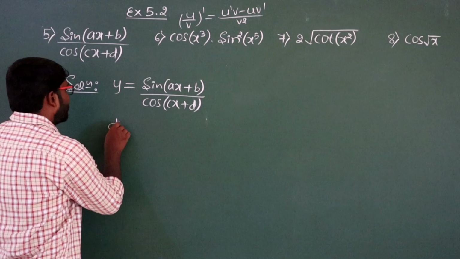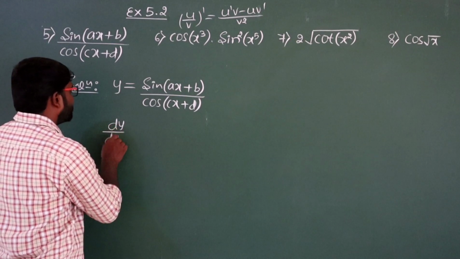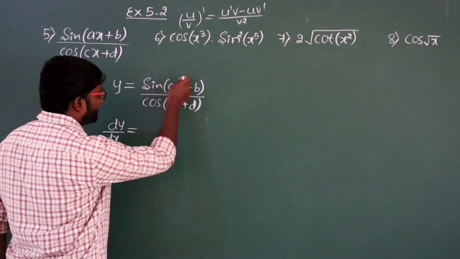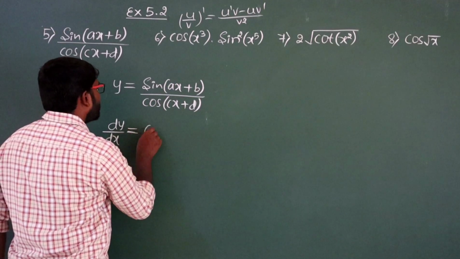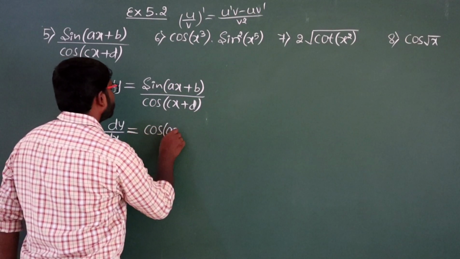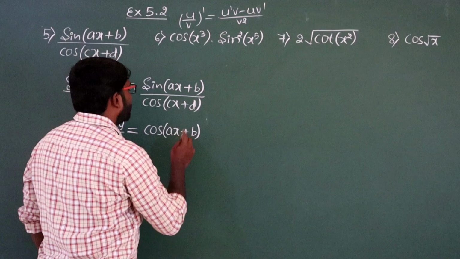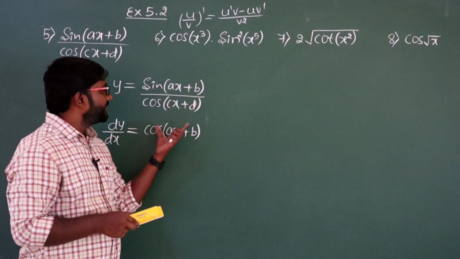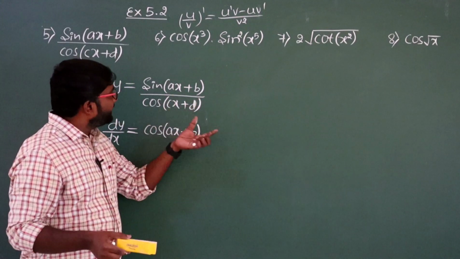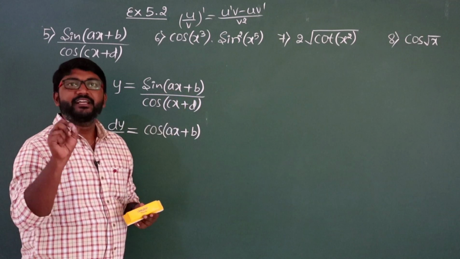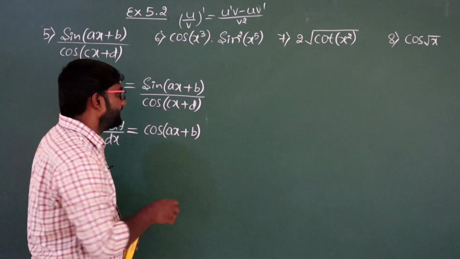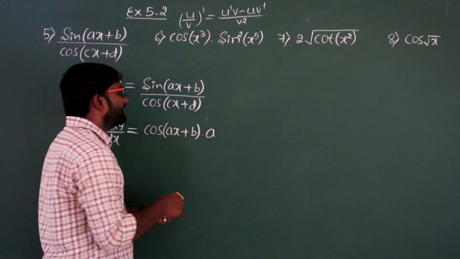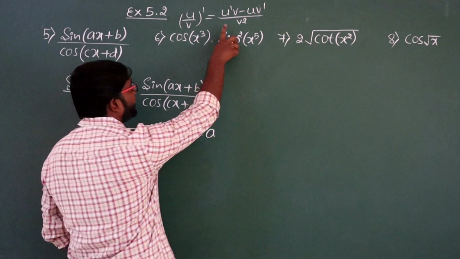So dy by dx, I am differentiating both the sides with respect to x. Derivative of the numerator: the derivative of sin of ax plus b will be cos of ax plus b into the derivative of the inside function. Derivative of ax plus b will be a. So this is u'v.